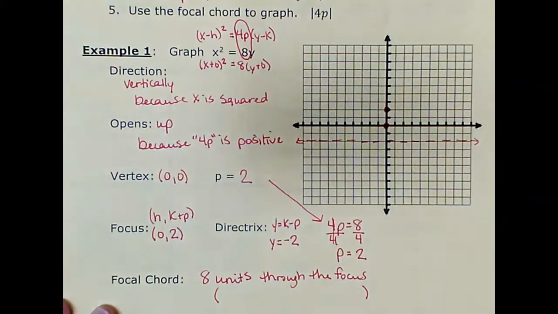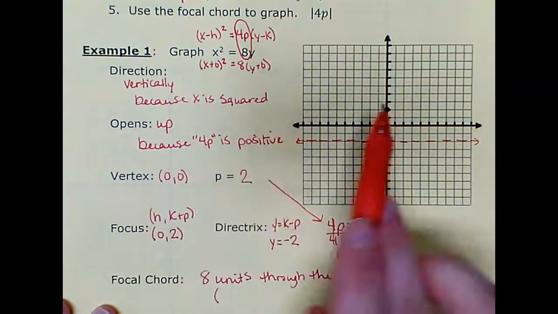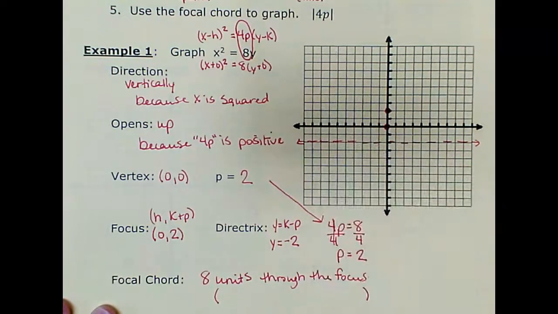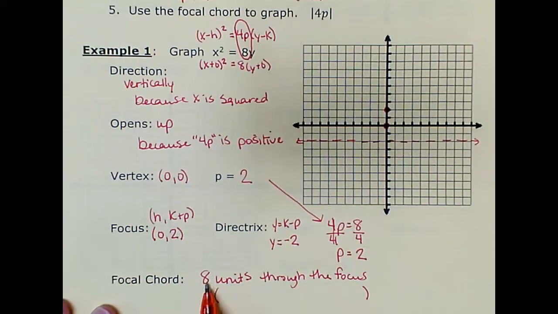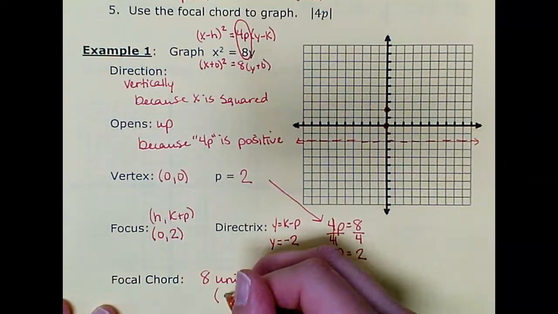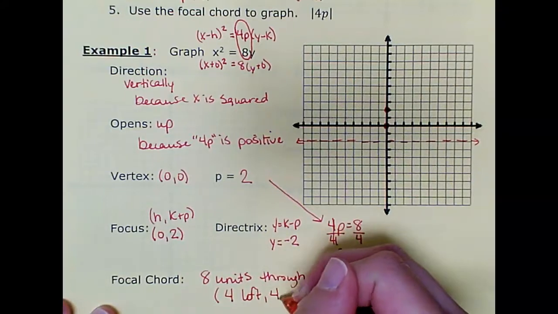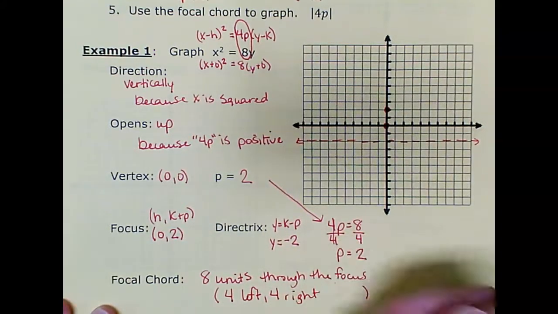I know that my parabola opens vertically and up, so it's going to go through my vertex and go up like that. But my focal chord goes through the focus and it's 8 units long. That means it's half the units on one side and half on the other. So 4 left and 4 right.